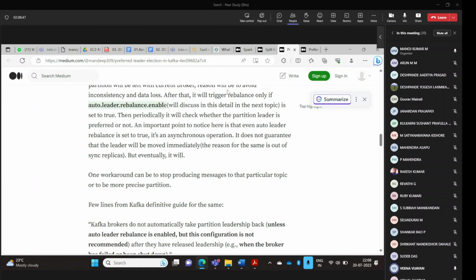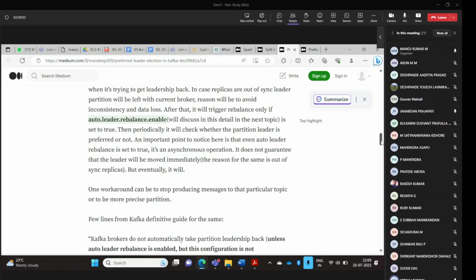We need to have the setting auto.leader.rebalance.enable for whichever old leader comes back online. It has to give up its leadership. For that, we need to have the setting enabled.